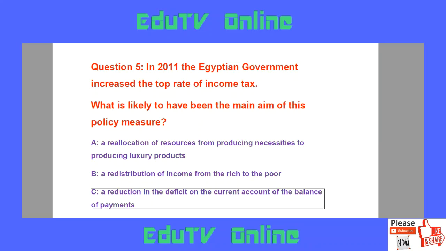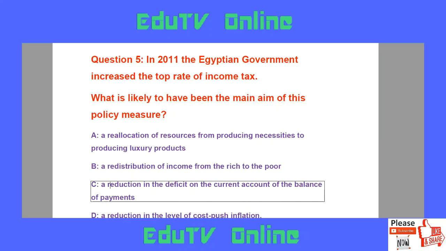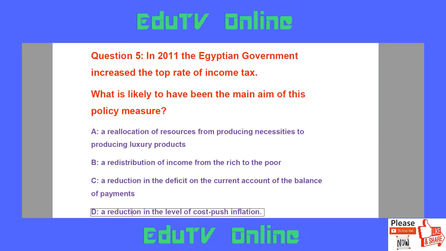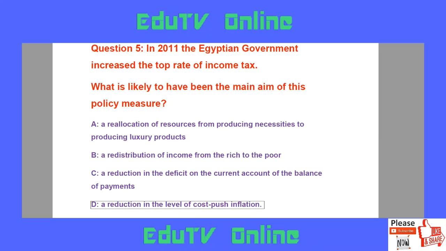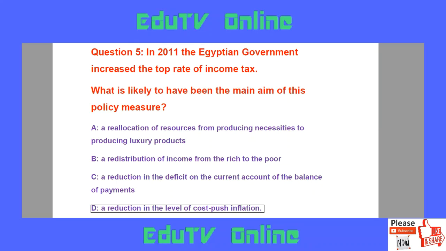C. A reduction in the deficit on the current account of the balance of payments. D. A reduction in the level of cost-push inflation. Answer. B. A redistribution of income from the rich to the poor.